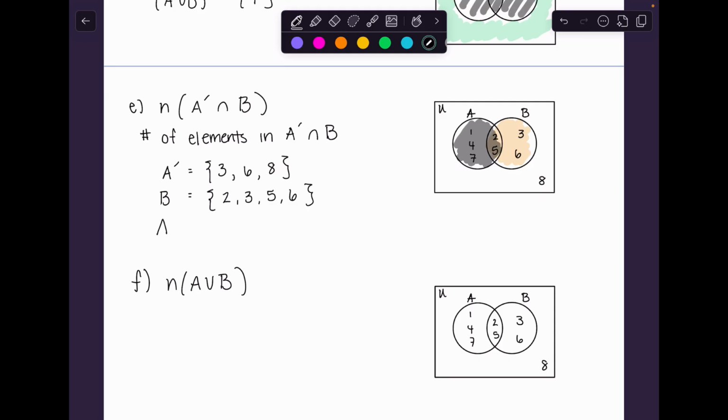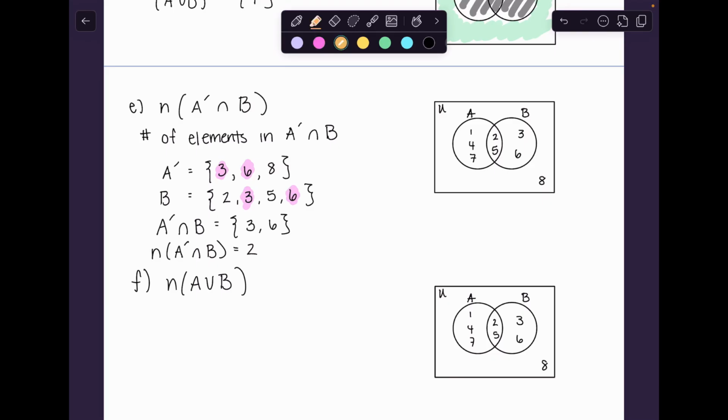So if I want the intersection of these two, I'm looking for the overlap. So I'm finding what they have in common. They both contain the number 3. They both contain the number 6. So 3 and 6 is the intersection. So the number of elements in A complement intersect B is 2. It contains 2 things.